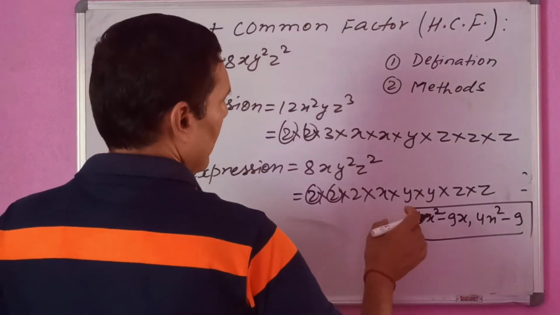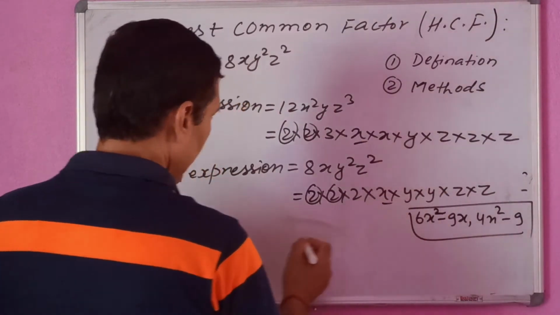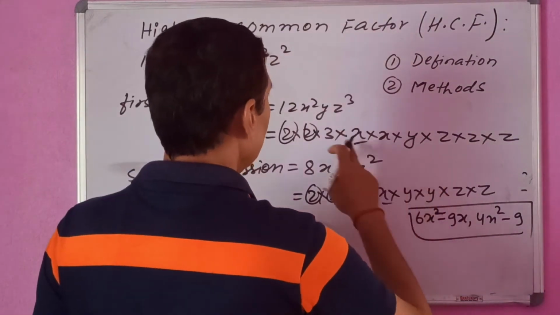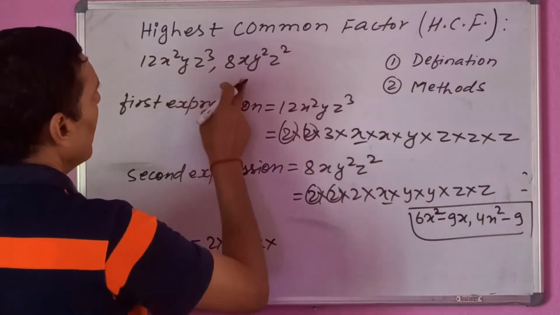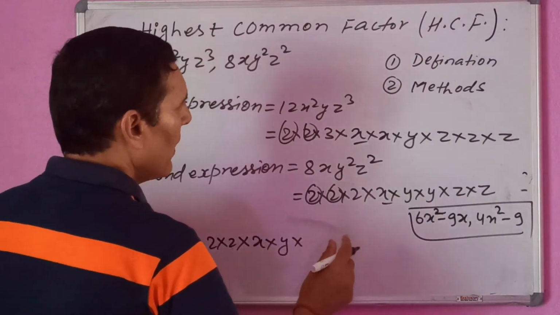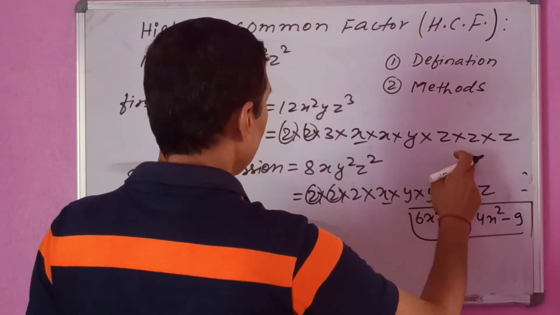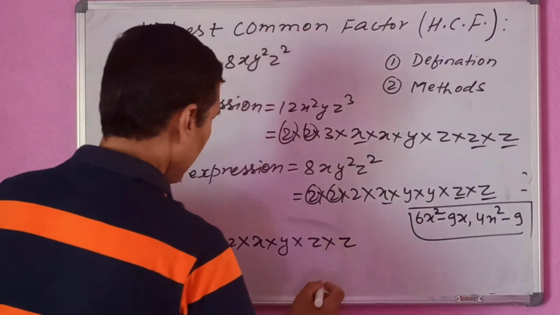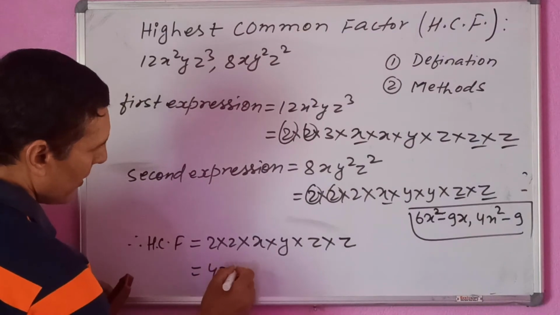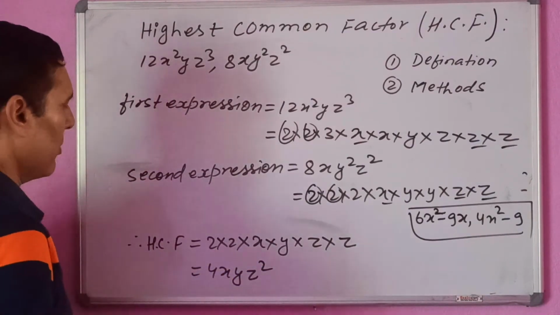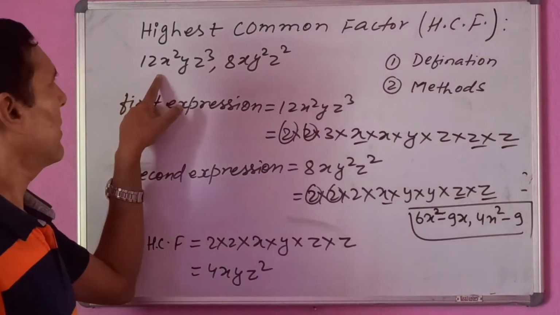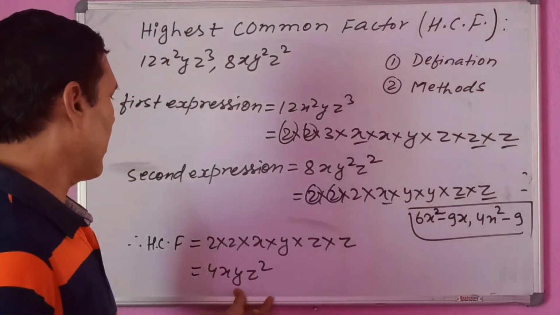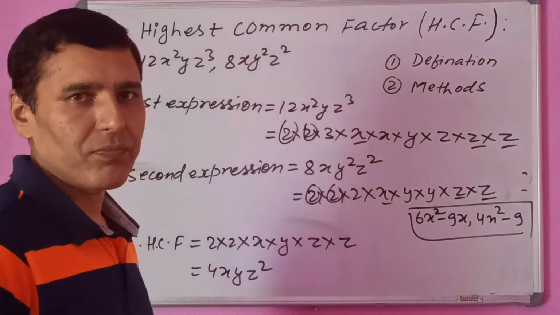While taking the letters, we can see 1 x is common in the expressions, and 1 y, and 2 z's, z into z. So it is 4x y z square. So HCF of 12x square y z cube and 8x y square z square is 4x y z square.